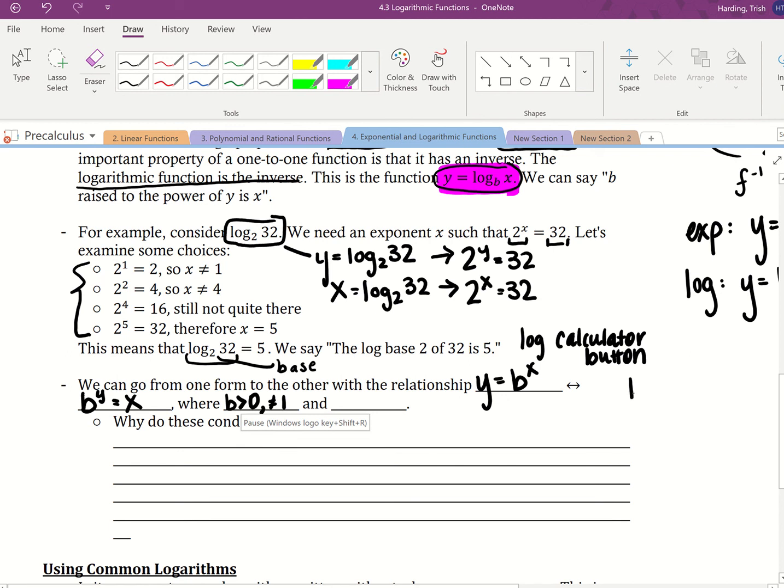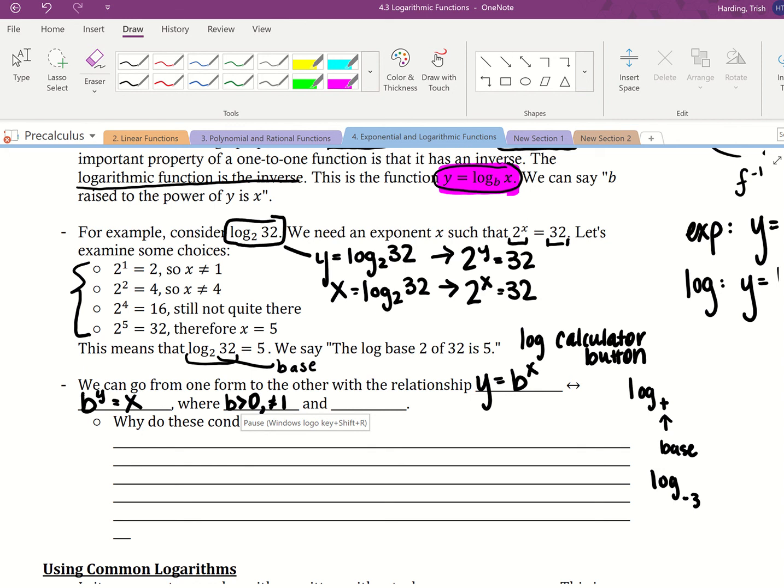So what that means here is that for log, this base has to be positive. It makes no sense to say log base -3 with a base of -3. It cannot equal 1.